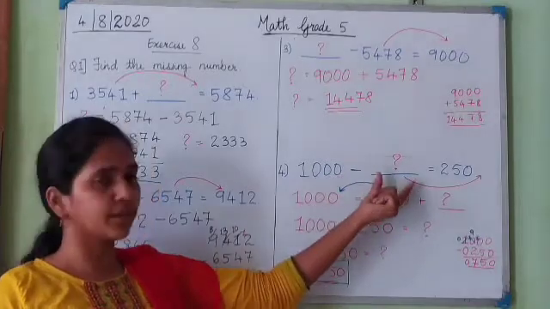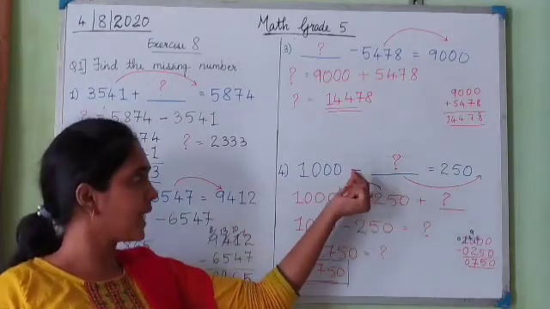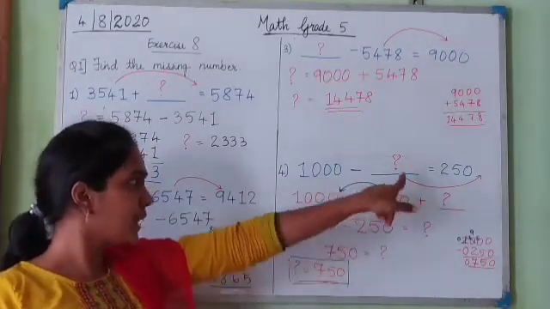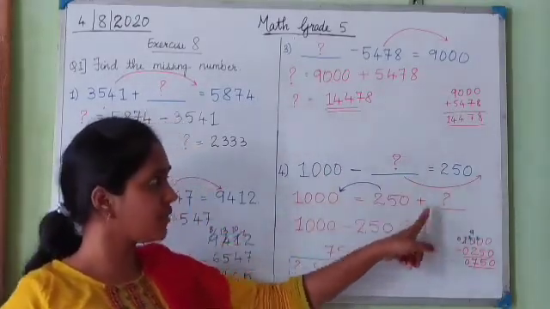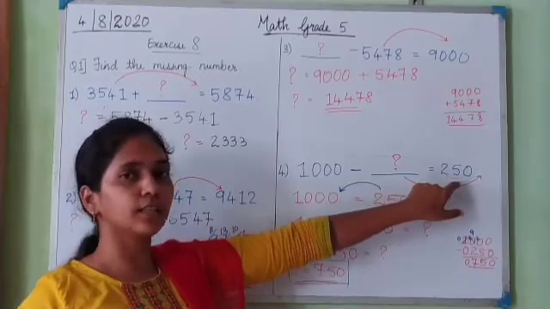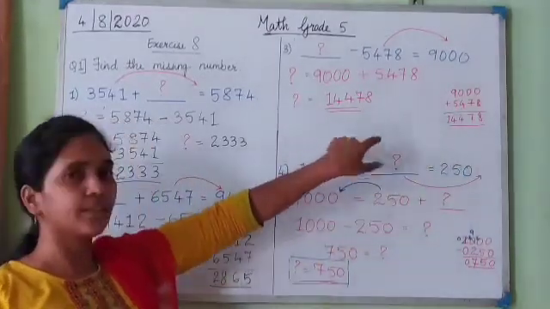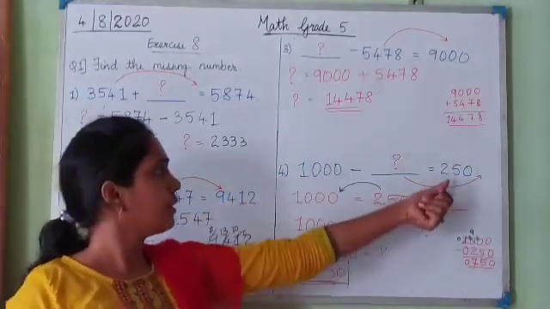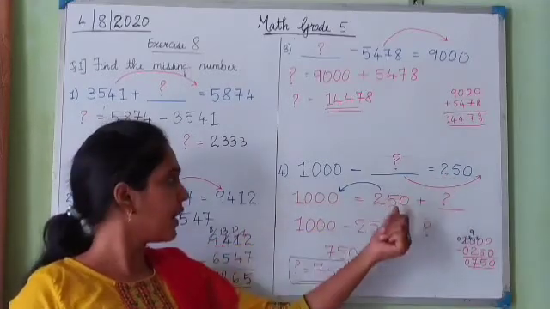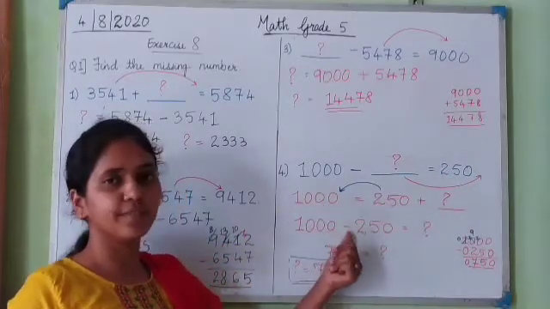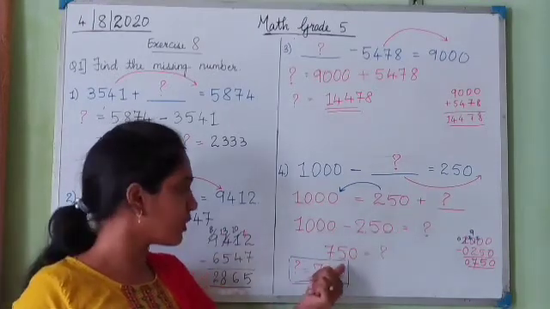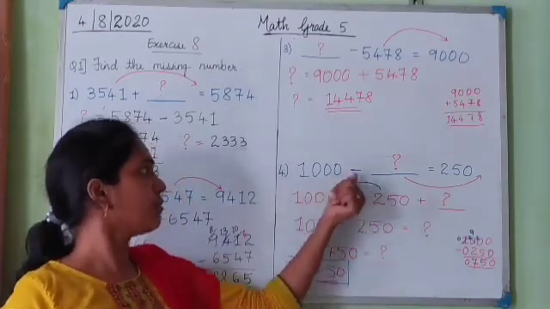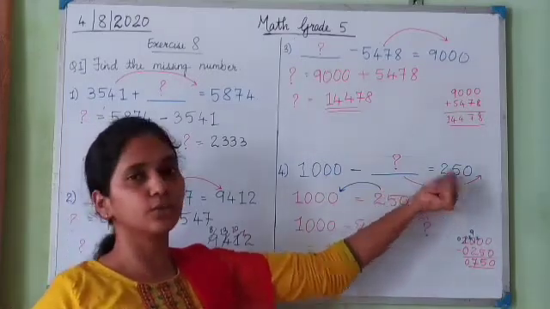If the missing number has a negative sign, then taking it to the other side, it becomes positive, and the number which is there on the other side we take here. So that 250 which was positive here, after coming this side, it became negative. So that became 1000 minus 250, which is equal to 750. So 1000 minus 750 will be equal to 250.